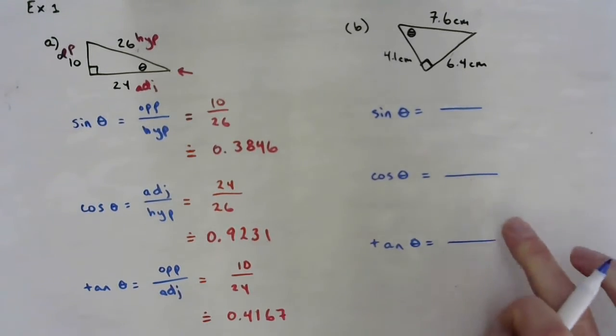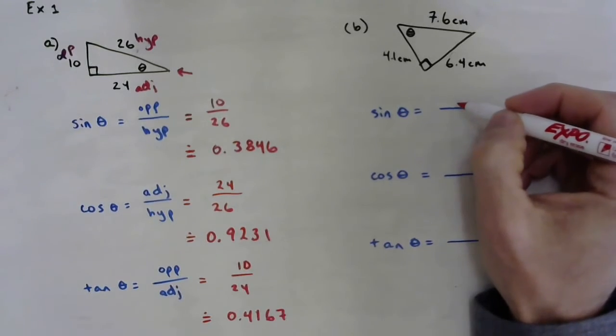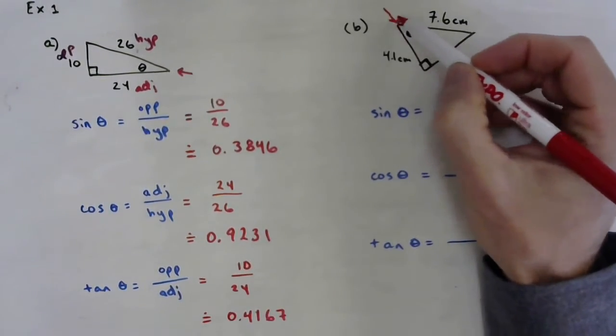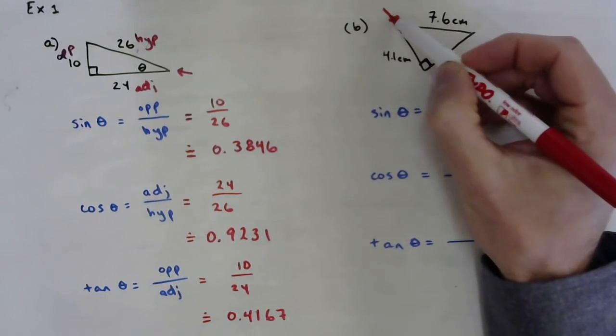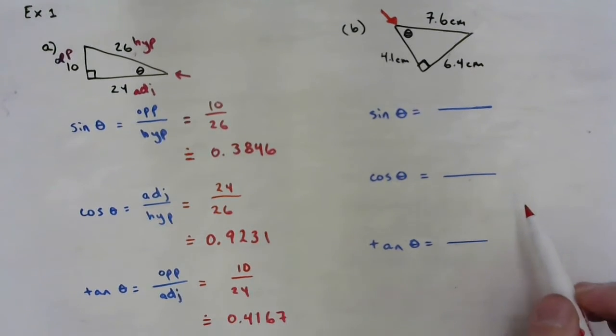Whenever it's asking you to find the primary trig ratios, it means all three of these: sine ratio, cosine ratio, tangent ratio. Again, you might want to identify your opposite, adjacent, and hypotenuse, looking at this triangle from the vantage point of angle theta.